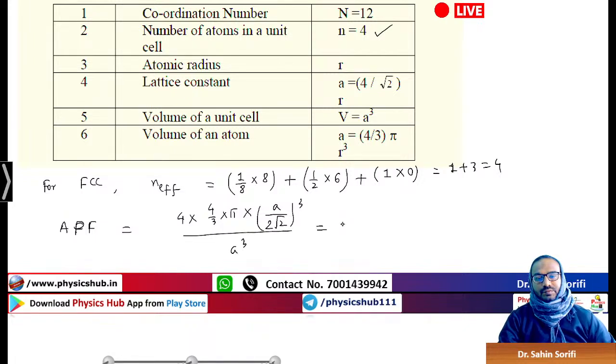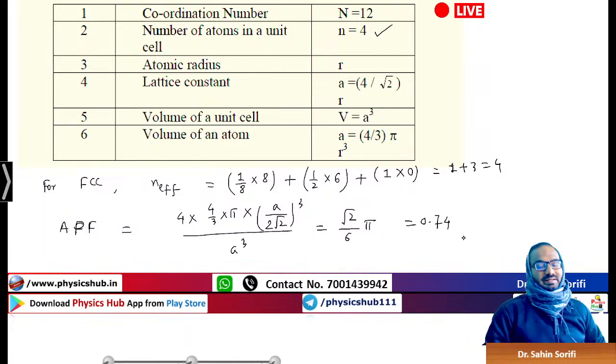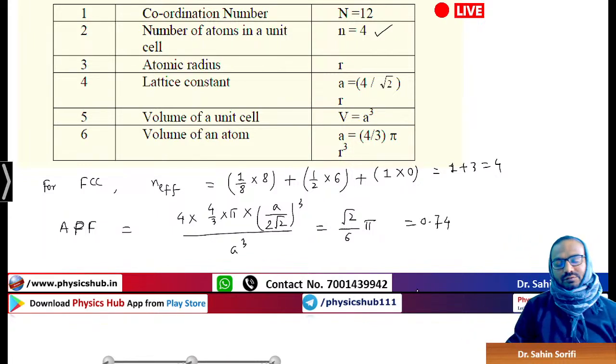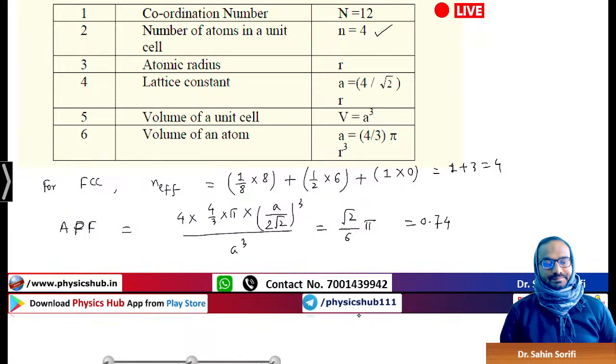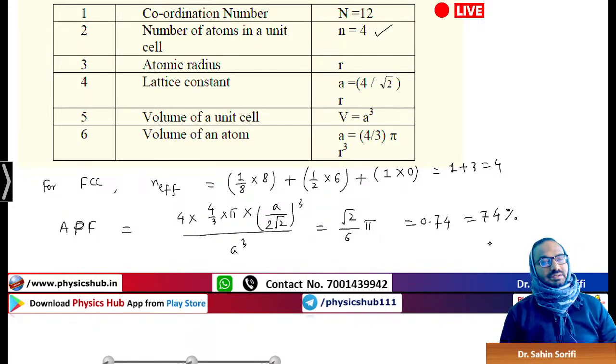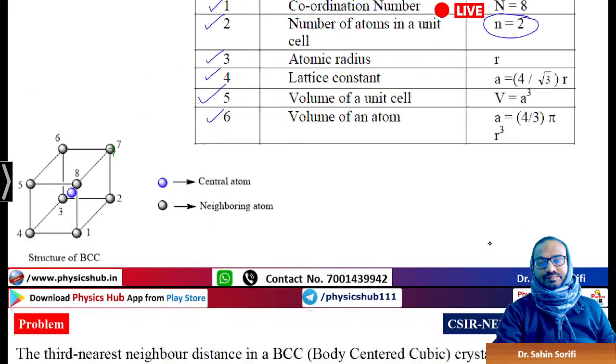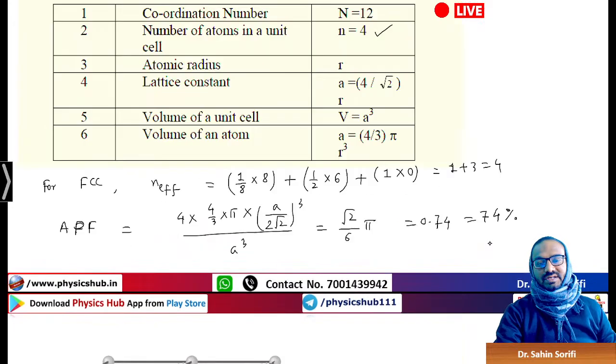So this will give you root 2 by 6 times pi. So this is 0.74. So this is more densely packed as compared to simple cubic or body centered cubic: 74%, simple cubic 52%, body centered cubic 68%, and face centered cubic 74%. So this is more closely or tightly packed.